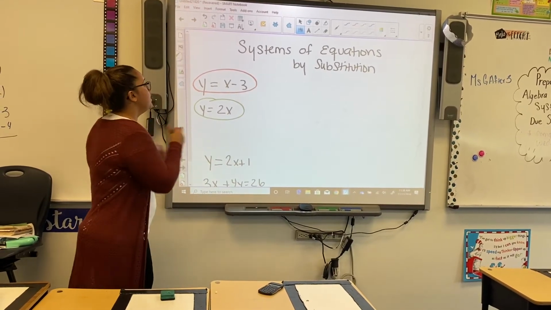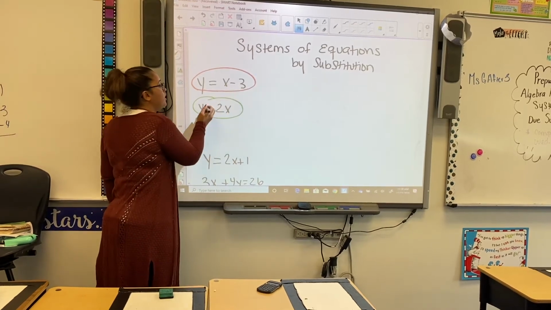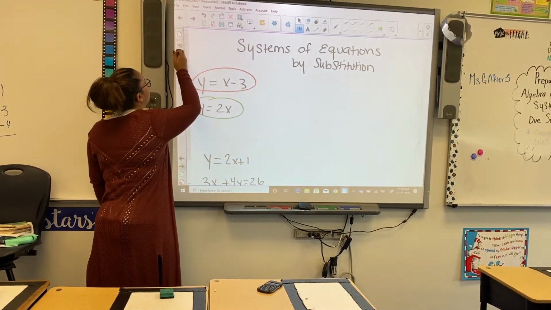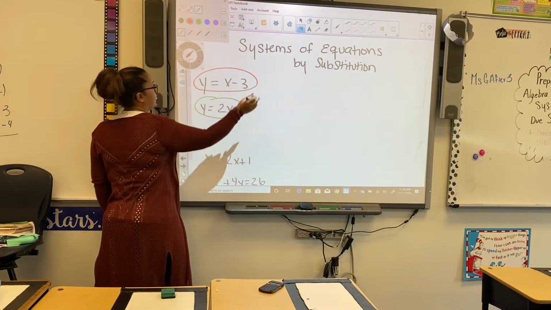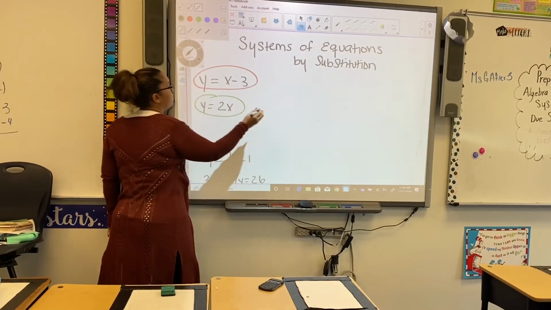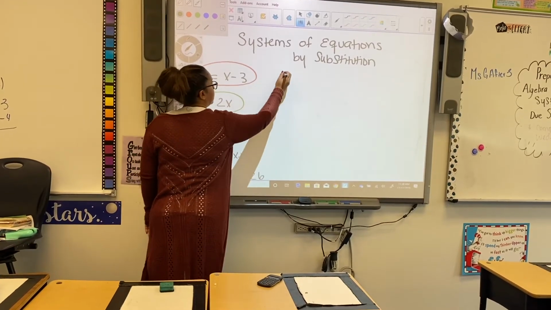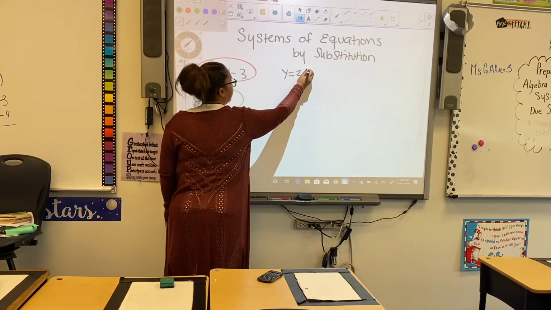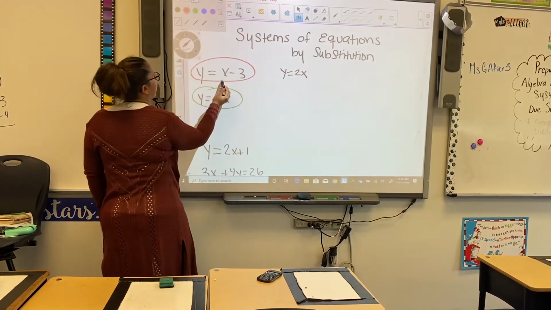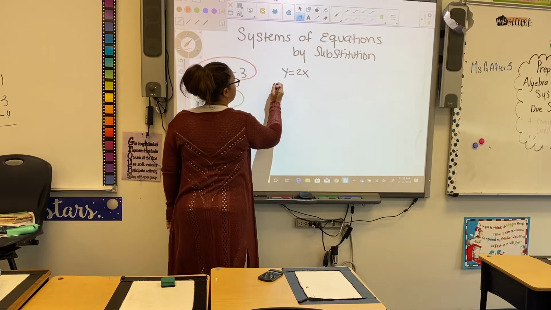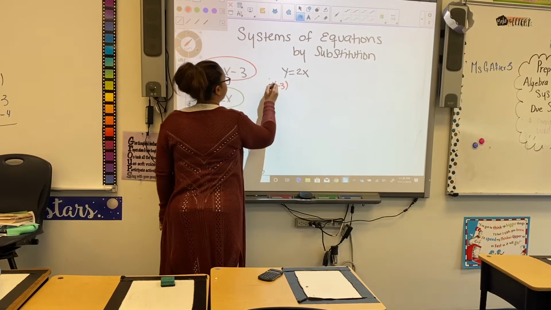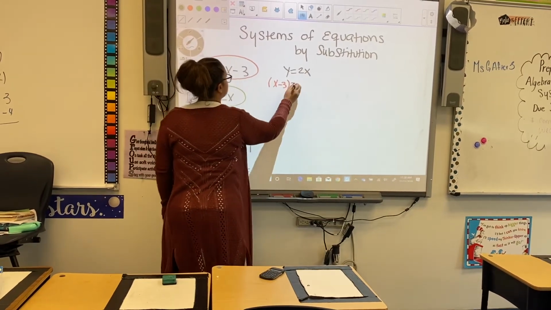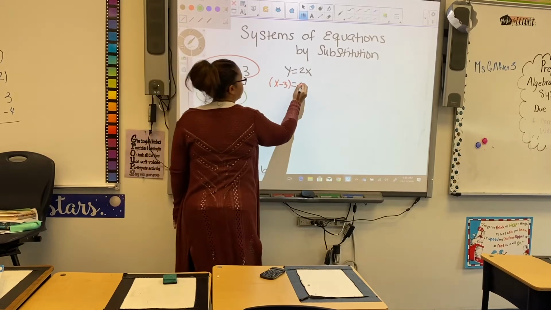What I'm going to do is I'm just going to plug the top one into the bottom one. So I'm going to rewrite my problem originally, the one that I'm plugging into. y equals 2x. What is y? y is x minus 3. So x minus 3 equals 2x.